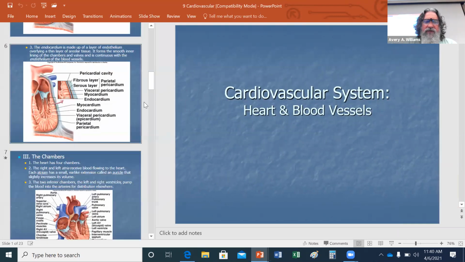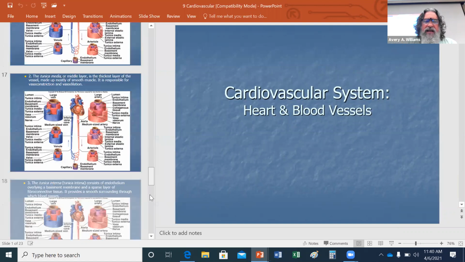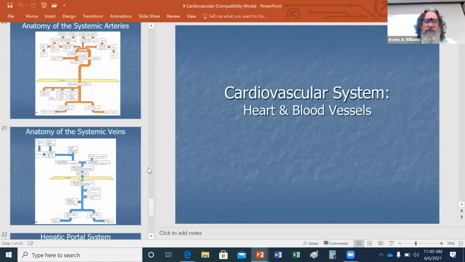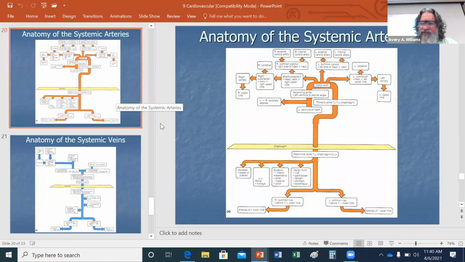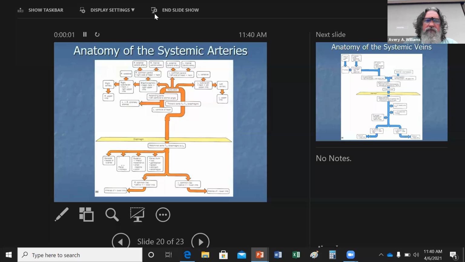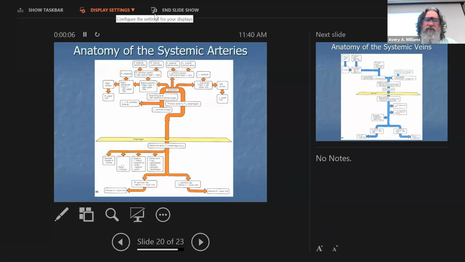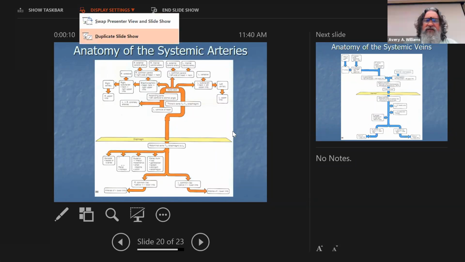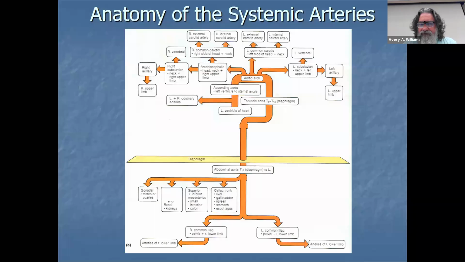Let me make this a little bit bigger. And yeah, this slide right here. She can see that, but let me get it so everybody else can see it.